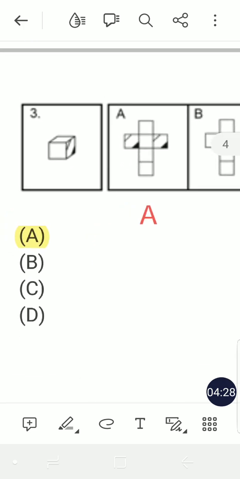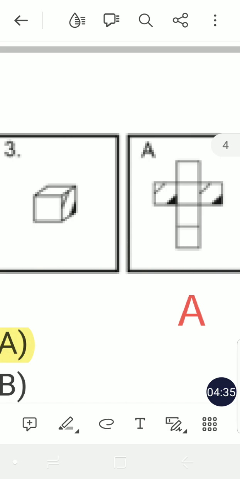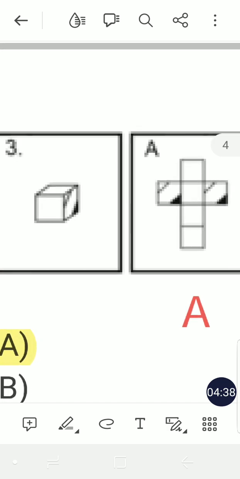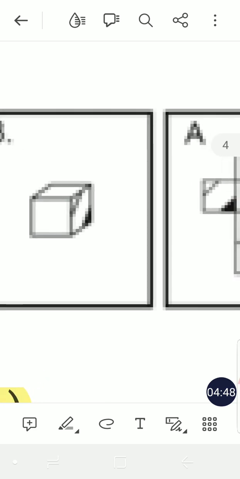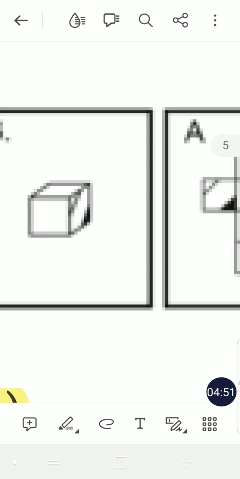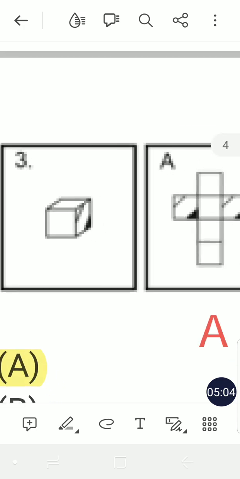Number 3, I find it very easy because it's a cube, and then if we look at the small triangles at the corner, you see here that the solid triangle is at the bottom right, and the non-shaded triangle is on the top left.